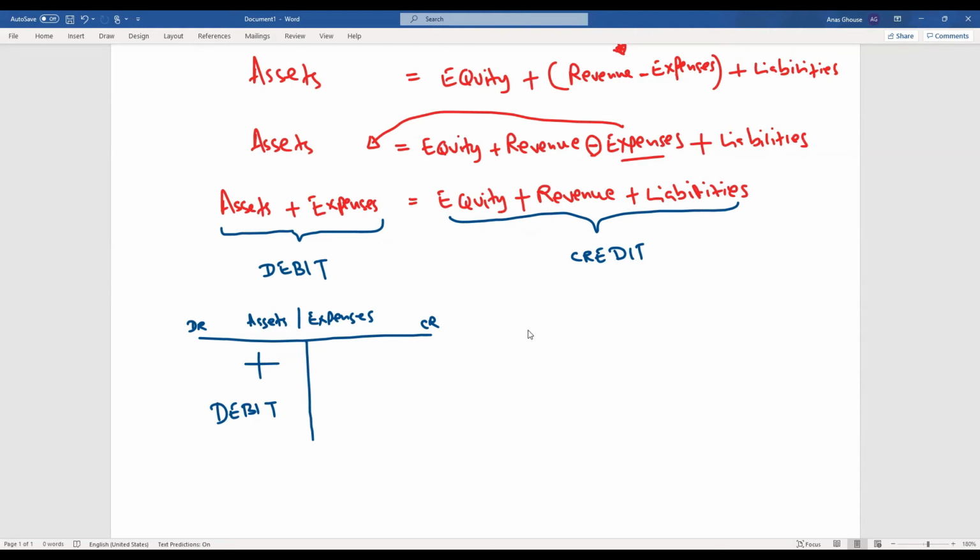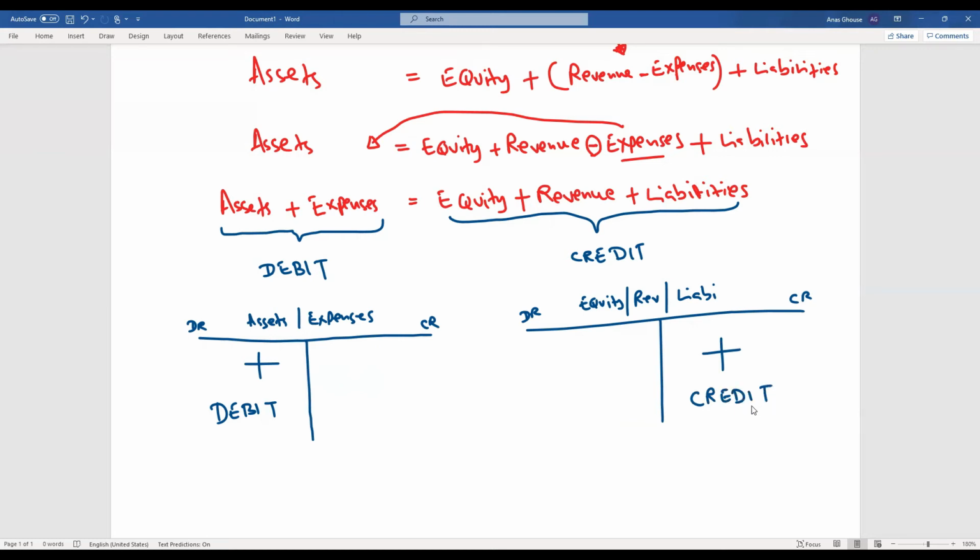And when you take these account categories, equity, revenue, or liabilities, the increase is recorded on the credit side.